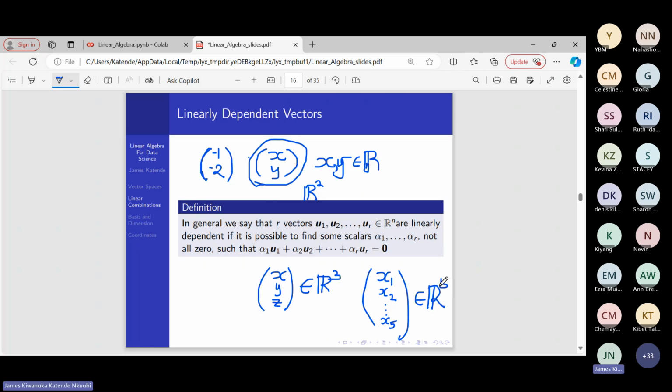So R5 is a set that consists of any vector that looks like this. And it can go to any value that you like. 5 is just where I have stopped, but it can go to as many as 10 million.